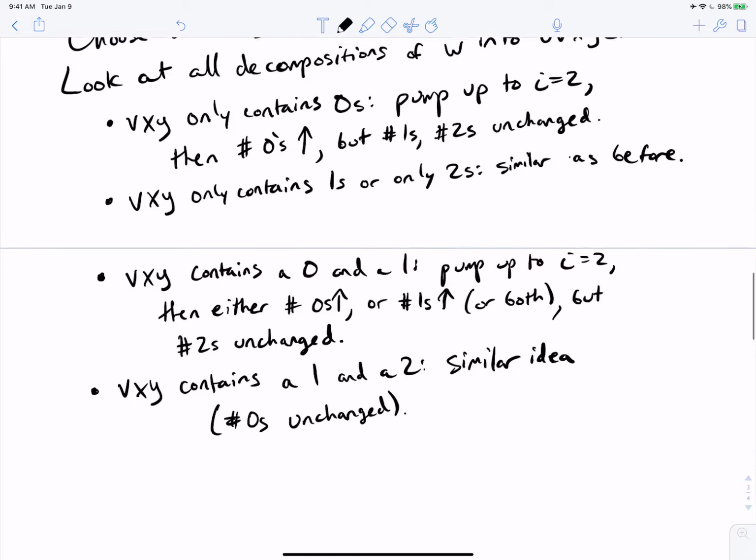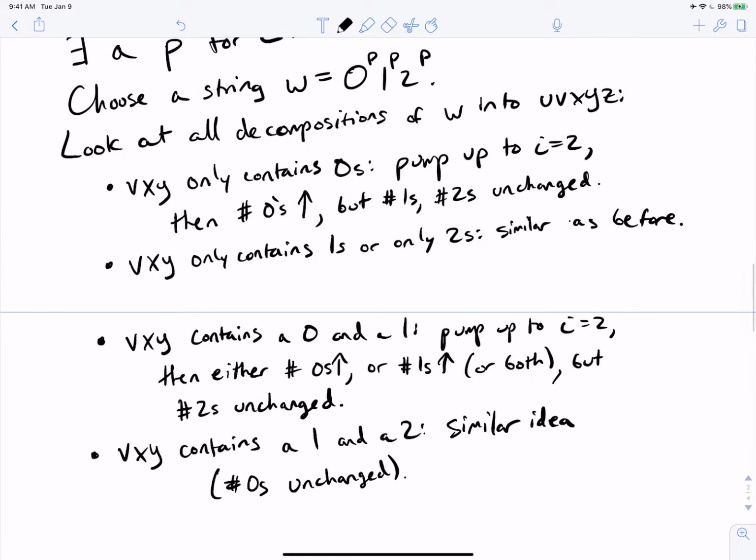But wait, it could be the case that the VXY part has a 0, 1, and a 2. Or can it? No, it can't. Why? Because, as you mentioned before, there's a p number of 1's, and VXY can only be less than or equal to p.